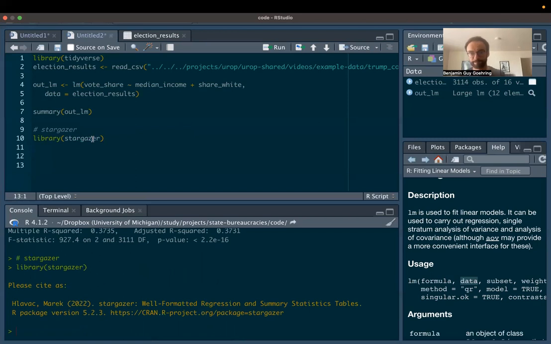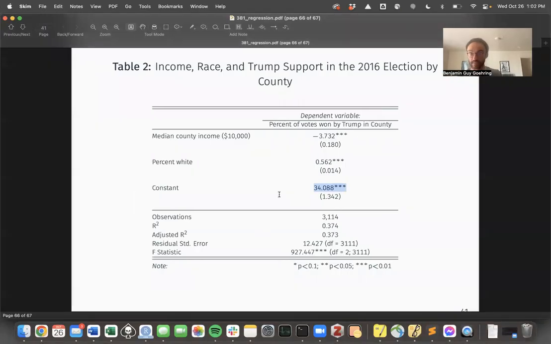Stargazer is a very powerful package, and it has one function in it, and that function is called stargazer. It's a very powerful function for making pretty regression tables. That's what I used to make this.